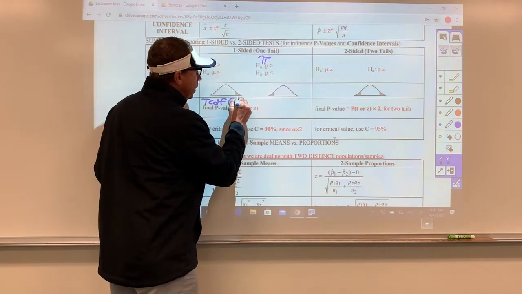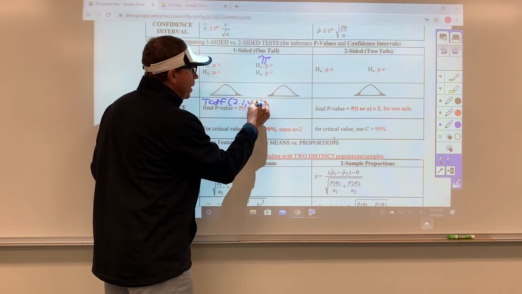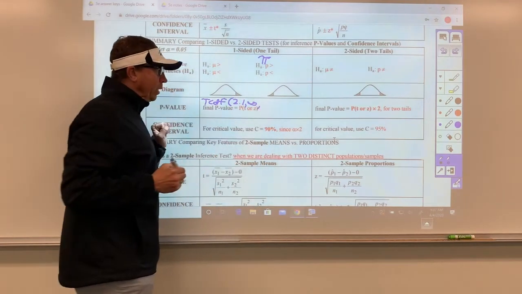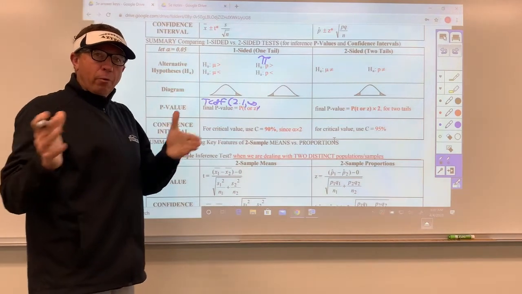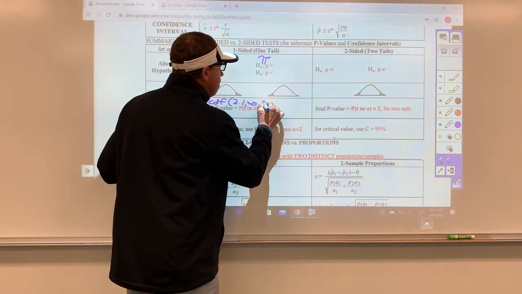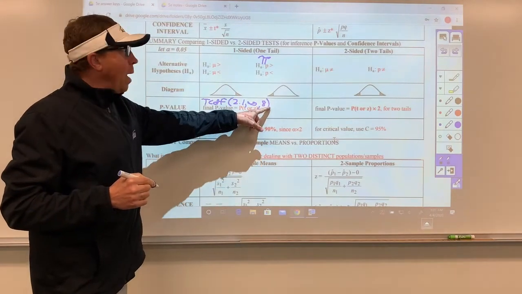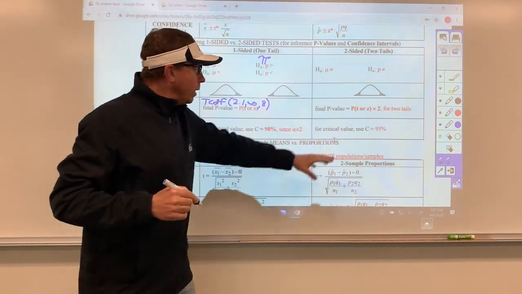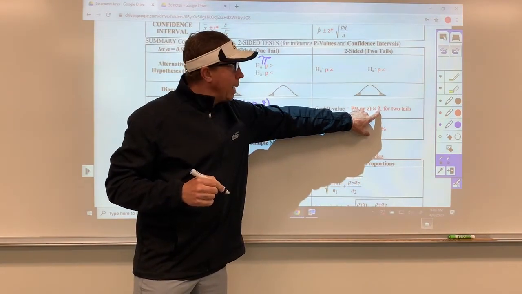Let's say it's 2.1, and if I want greater than, I'm going to put infinity, and then my degrees of freedom. Let's say there were 9 samples, so my degrees of freedom is 8. I'm going to type in an 8, and that's going to spit out a p-value. Now, if you want it to be two-sided, you just have to multiply by 2.